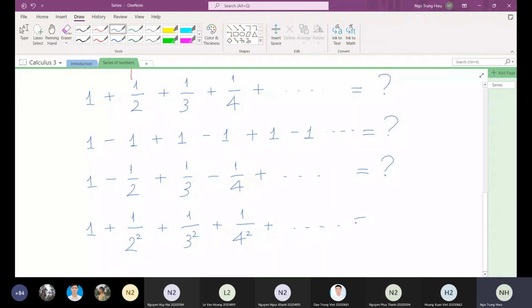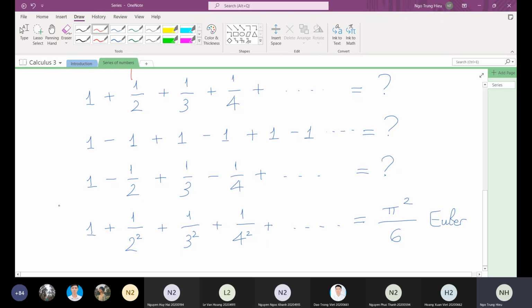This is equal to pi square over 6. This is an identity which was discovered by Euler. Very, very beautiful identity.